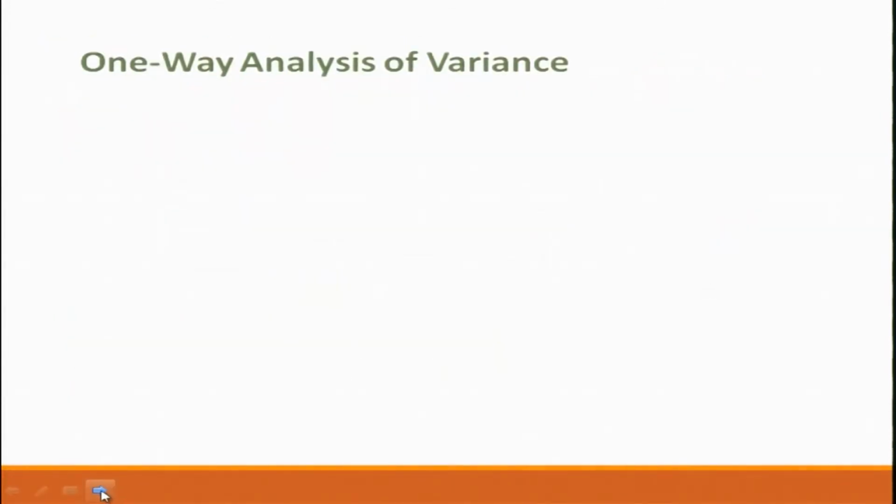So next is one-way analysis of variance. One-way analysis of variance is a technique to test two or more variables and their influence on a single dependent variable. We have one dependent variable and two or more independent variables.